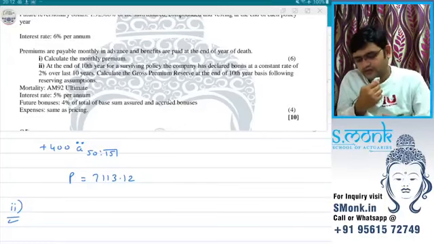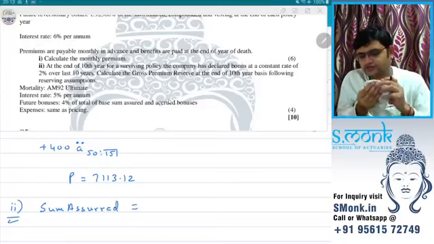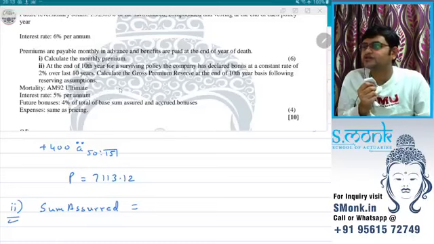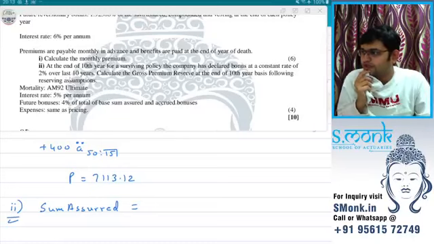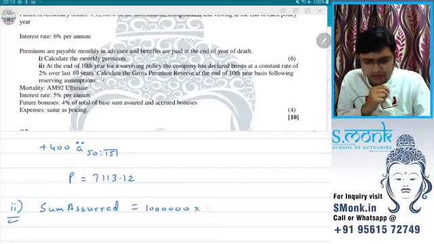Before we calculate this, we should calculate how much the sum assured is after 10 years. That means if a person dies at time 11, how much would the person get? The person would get the original sum assured plus 2% over the last 10 years. So the original sum assured was 1 million, times 1.02 raised to 10.